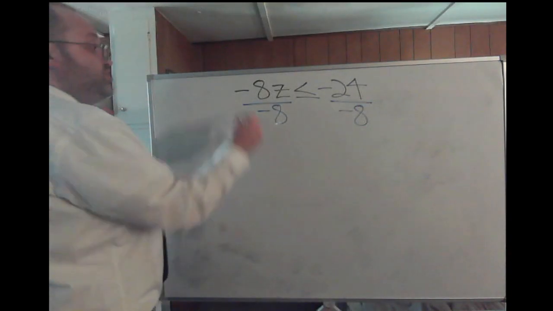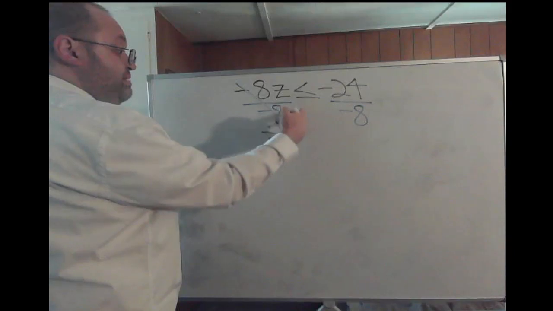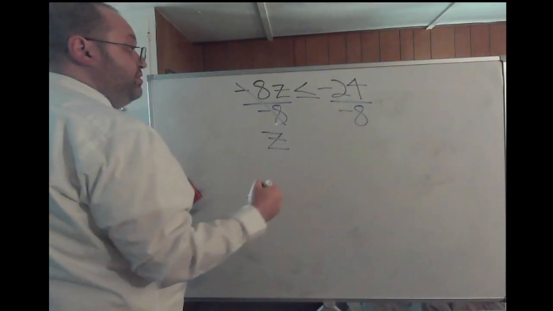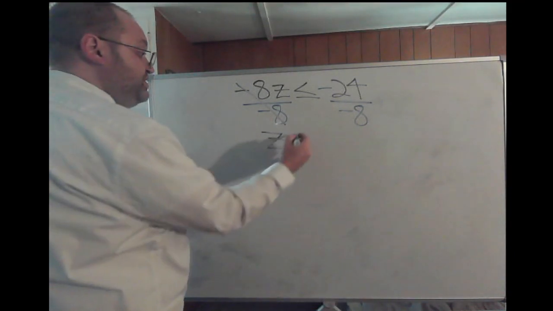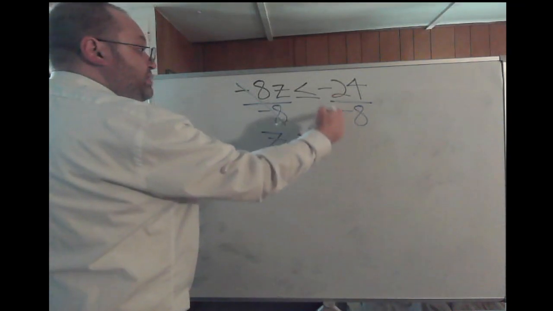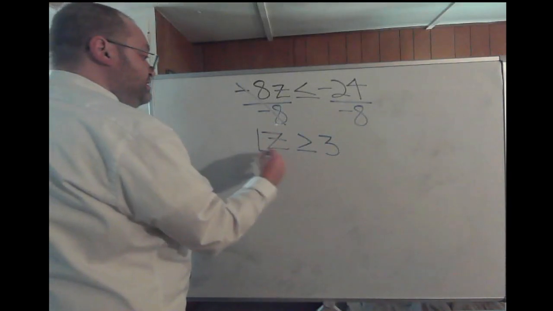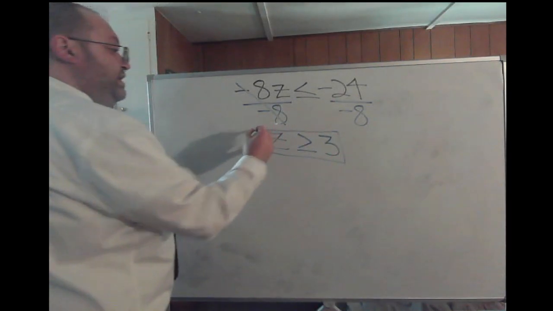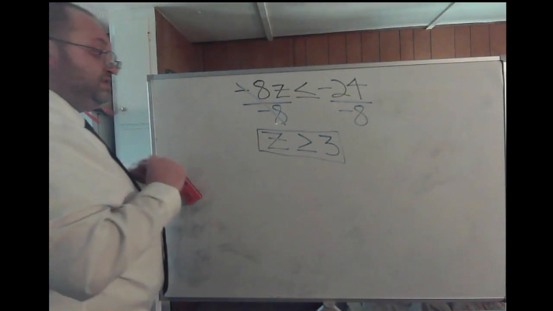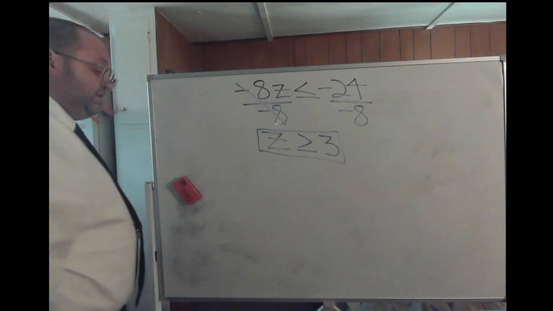So on the left side, your negative 8 cancels out, you're just left with z. But since you've divided both sides by a negative number, it flips that less than or equal to sign into a greater than or equal to sign. Then negative 24 divided by negative 8, that's positive 3. So z is going to be greater than or equal to 3. That would be the answer you would get.